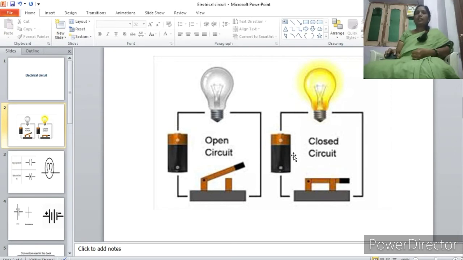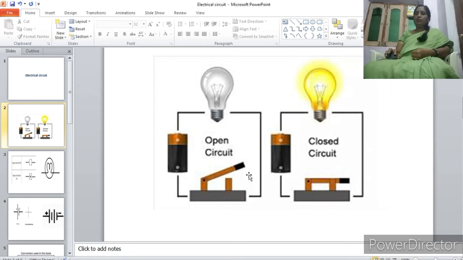When electric current is moving from the source, it may be a battery, a cell or a solar cell, anything, it connects both the terminals with the help of a conducting wire. Then the electrons move from the positive terminal to the negative terminal and make the bulb glow.